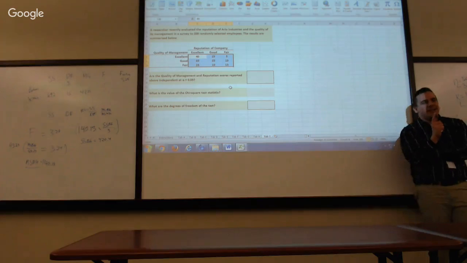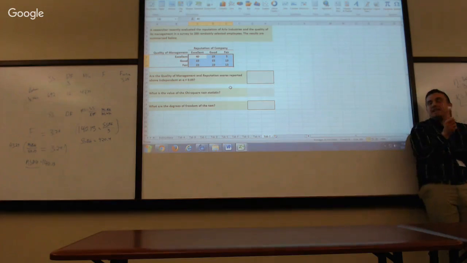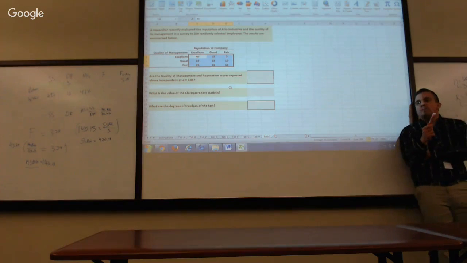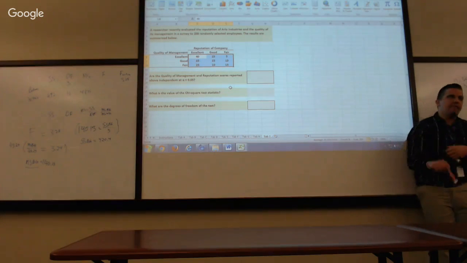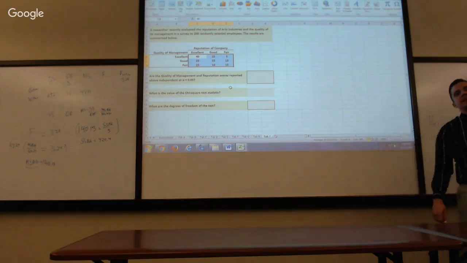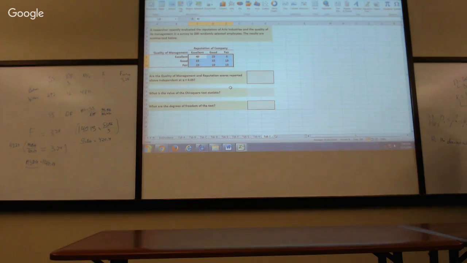So let's just talk about what independent would be. If they were truly independent, if your reputation was independent from your quality score, we would have the same averages, the same quality across all reputational managers. So we could have a manager that everybody loves, and then a manager that no one cares about, and then a manager everyone hates.